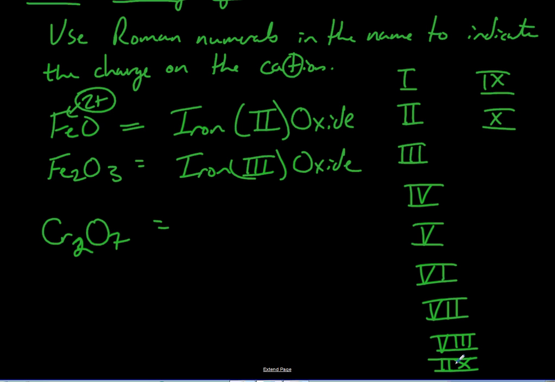There's 1 to 10. So 10 minus 2 is 8. 10 minus 1 is 9. And 10 is 10. Okay? So there they are. I don't think you'll have to deal with more than that.